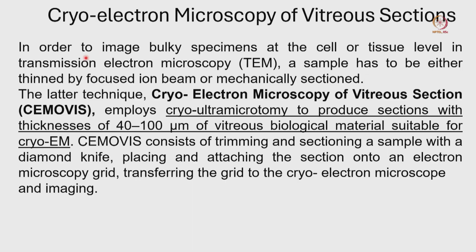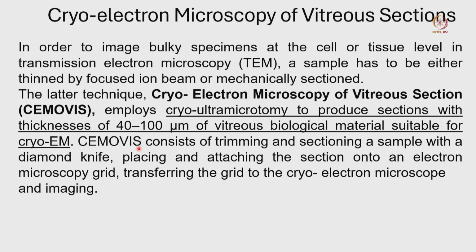Today the latest technique that we are talking about is cryo electron microscopy of vitreous sections, that is called CMOVIS. It employs cryo ultramicrotomy to produce sections with a thickness of 40 to 100 micrometer of vitreous biological materials suitable for cryo-EM.